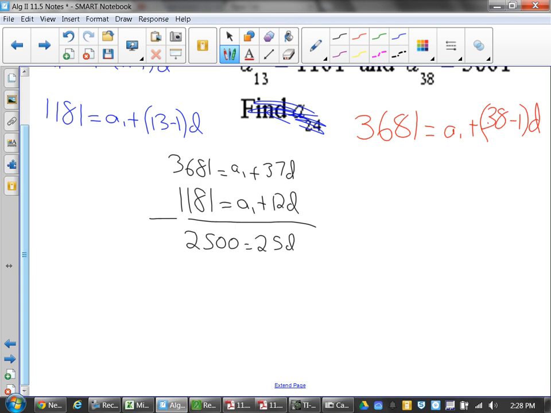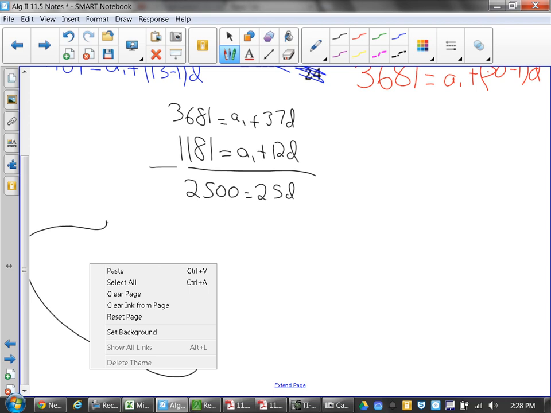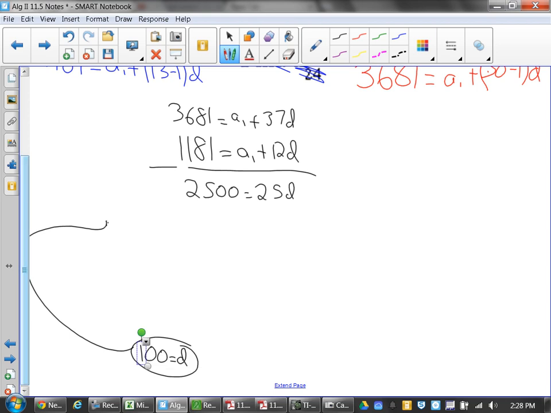What's your difference? 100, right? How is it that perfect?